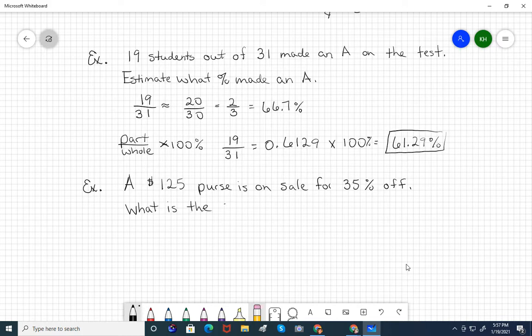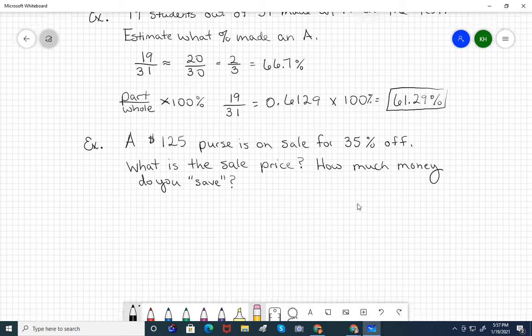What is the sale price? How much money do you save? And I want to say save, because really you're not saving money, but you are spending less.